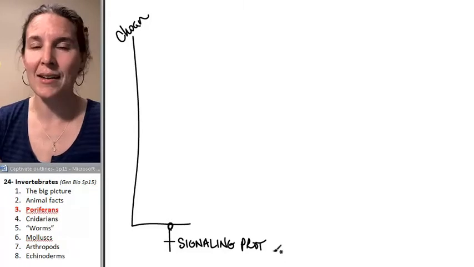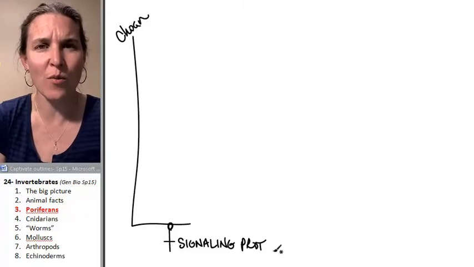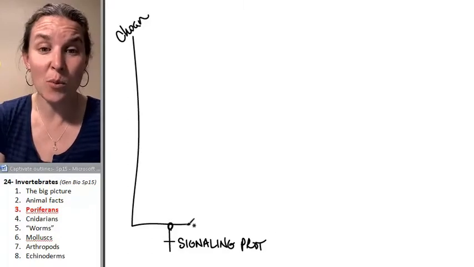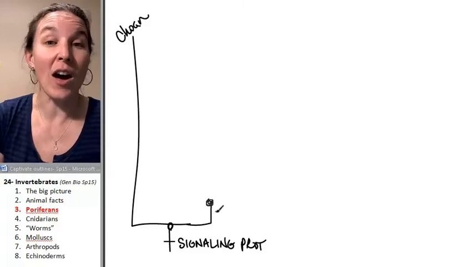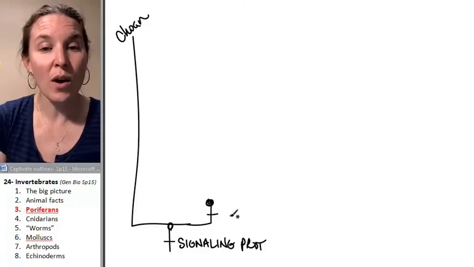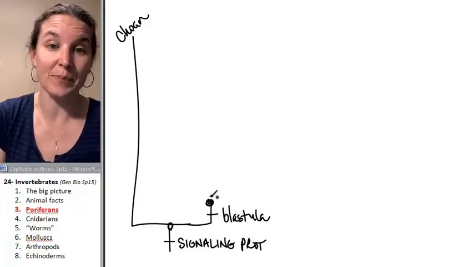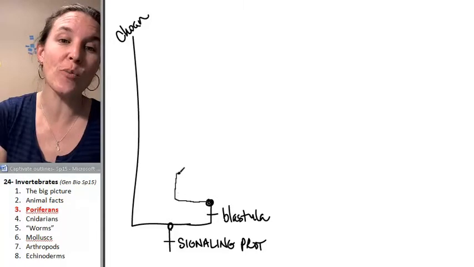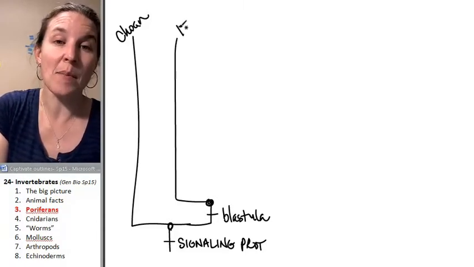So again, the more fundamental similarities we have with other critters, the more likely we are to have shared a common ancestor. Now, they're not animals. So everybody beyond this point has the blastula. And our first group of animals that branches off with the blastula is the sponges.